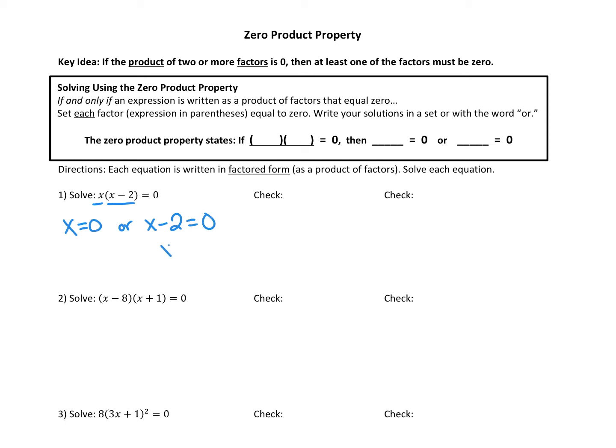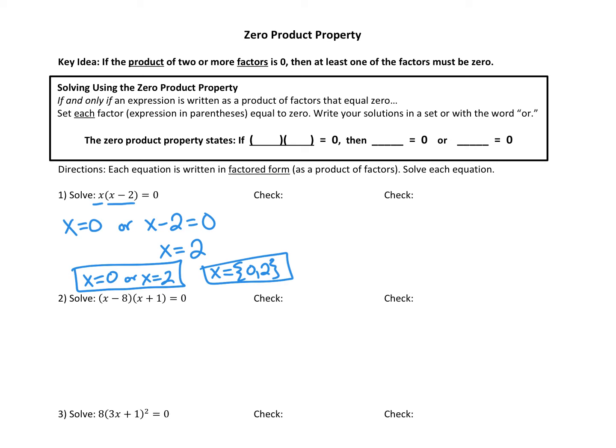In this case, I'd add 2 to both sides, and I'd get 2. So my solution is x equals 0 or x equals 2. You might also see this in a set, x equals 0 or 2, written like that. We could check this, knowing that if we substitute our solutions into the original equation, then we should get 0.